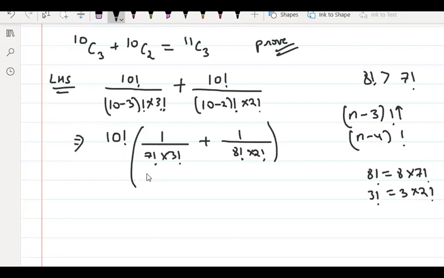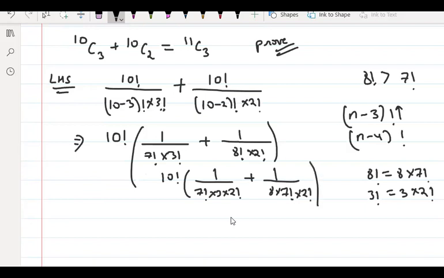So this can be written as 10 factorial into [1 by 7 factorial into 3 into 2 factorial plus 1 by 8 into 7 factorial into 2 factorial]. Now, can we take anything common? Yes, 7 factorial into 2 factorial is common.